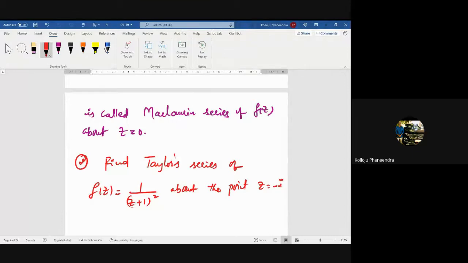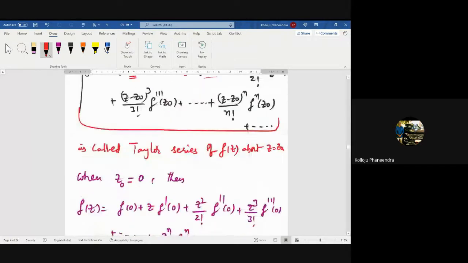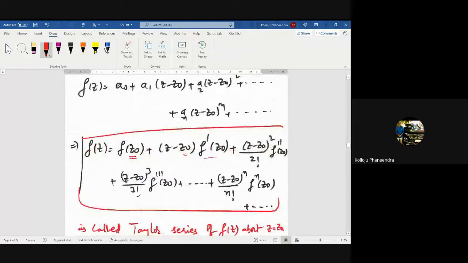Why am I telling this problem? Because the point is very important. See, this is the Taylor series expansion about the point z equal to z0. So what you will get: f of z0 is a constant value, f dash z0 is a constant value, f double dash z0 is a constant value. So derivatives are constants. So what are the variables? (z - z0). So you will get the Taylor series expansion in terms of (z - z0) expressions.